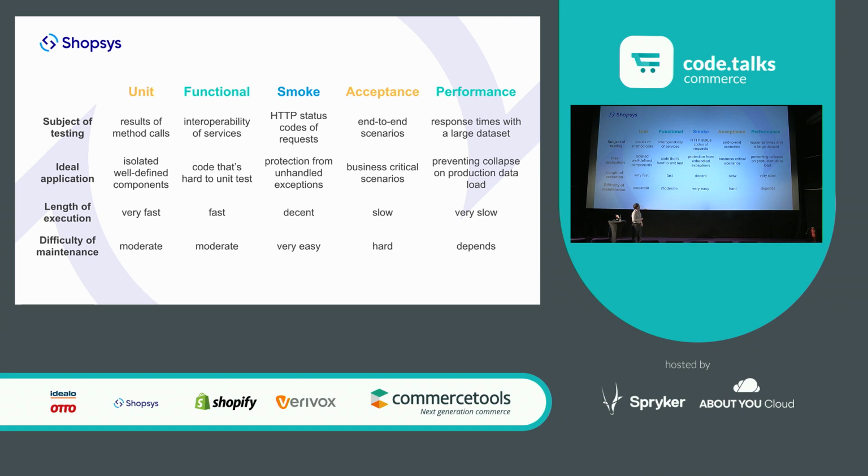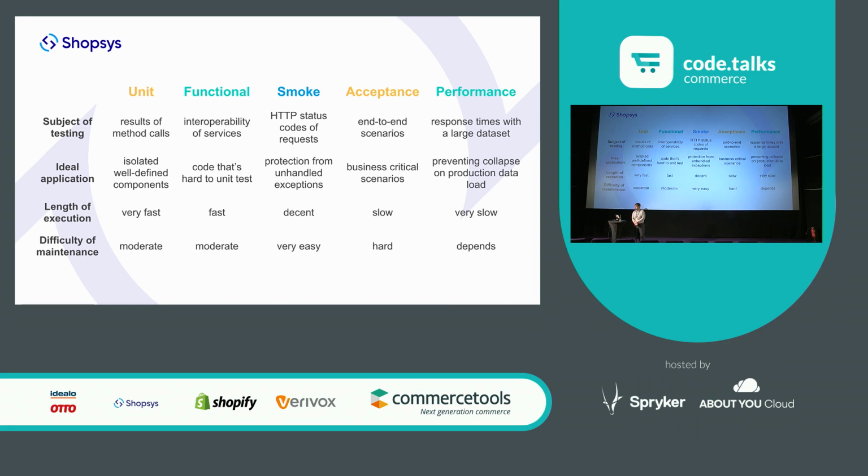And you can see that the difficulty of maintenance for smoke tests is really easy. And for acceptance tests, it might be harder than for different parts of your application, because acceptance tests tend to be brittle. For example, when you design some fixed header, it might block the Selenium from clicking some buttons, and then you have to fix that.